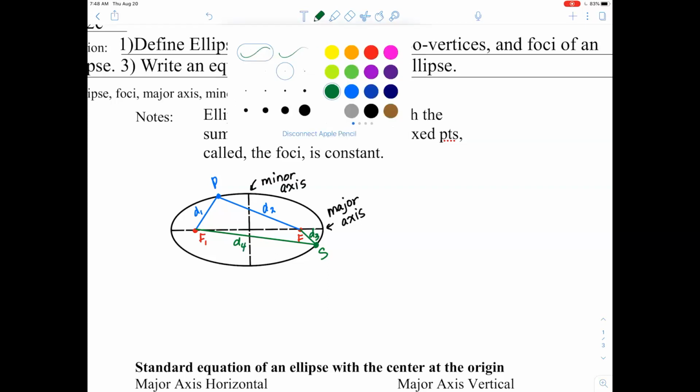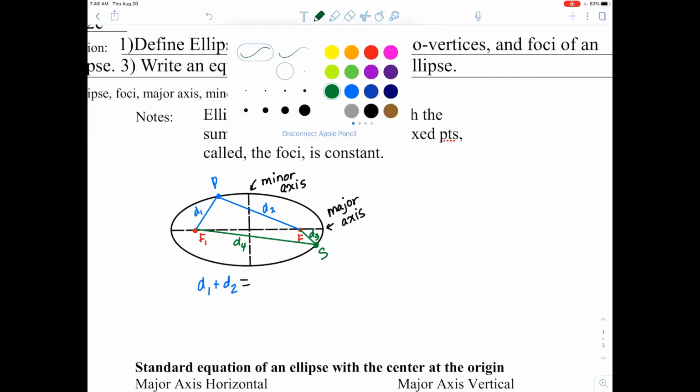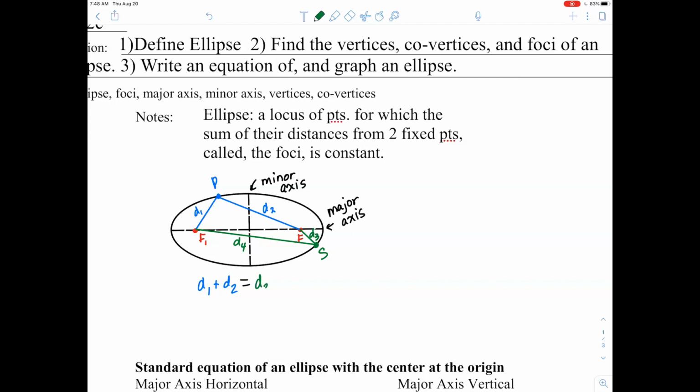But here's what's true. The sum of the distances from point P to both focuses, foci, is the same as the sum from point S to F sub 2 plus point S to F sub 1. So the sums of those two distances, and it doesn't matter where I am on the ellipse.